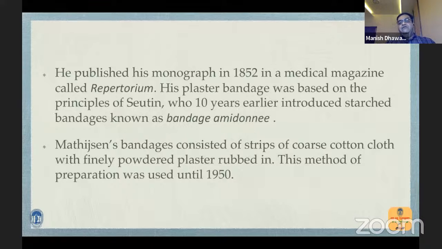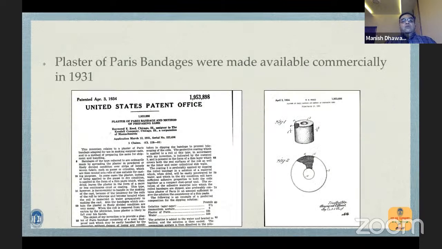But I practiced this even in 1993 when I joined my postgraduation. Plaster of Paris bandages were made available to the common man in 1931, and it also received a US patent.